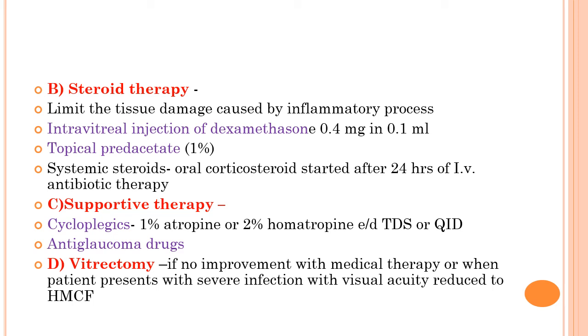Then supportive therapy in the form of cycloplegics, especially atropine, 2% homatropine TDS, to keep the ciliary body calm. Then anti-glaucoma drugs to reduce the IOP. If it is not responding to this, the final treatment is vitrectomy, where a core vitrectomy is done, followed by intravitreal injection.